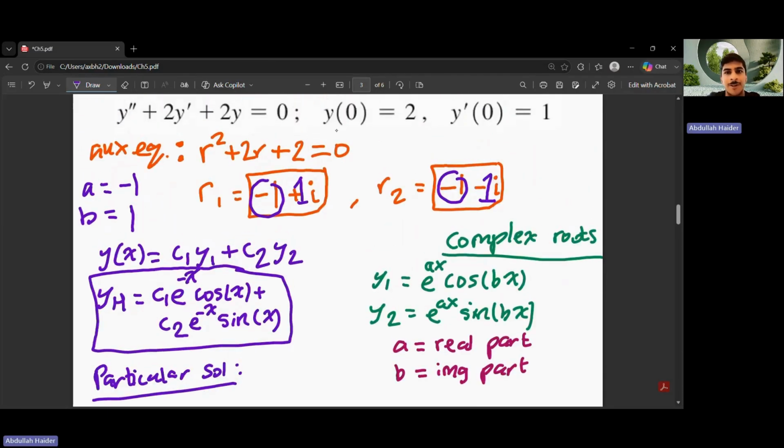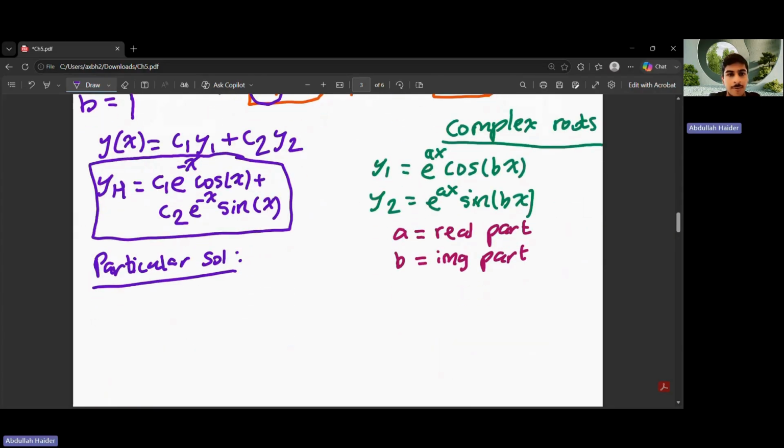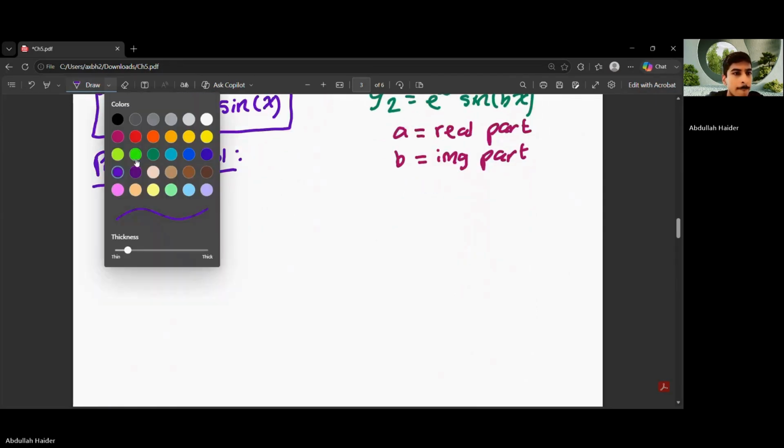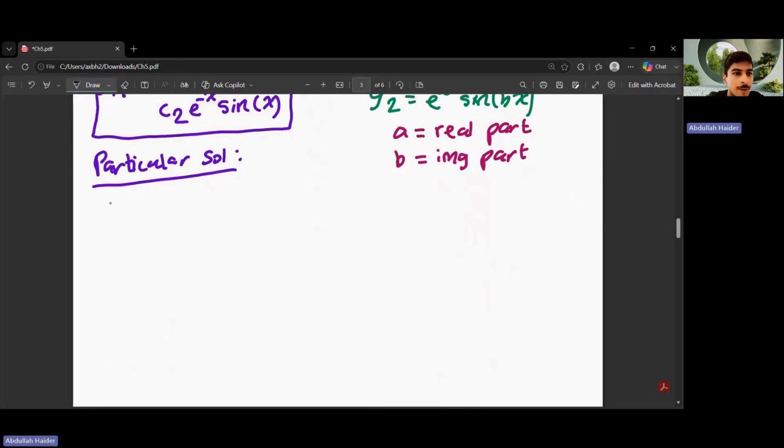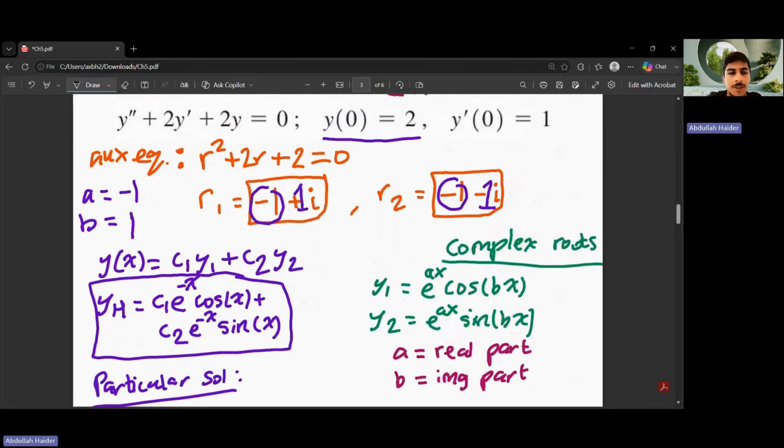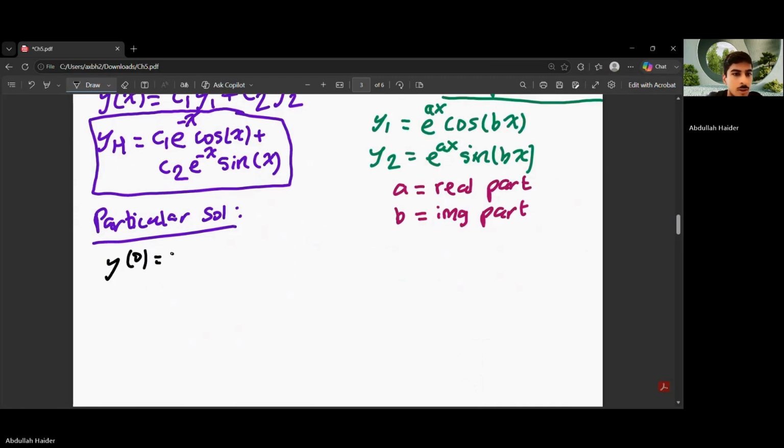So if I apply y(0) is equal to 2, I will substitute 2 here and 0 in all of the places where the x is present. So basically what we need to find is c1 and c2 in this particular solution.